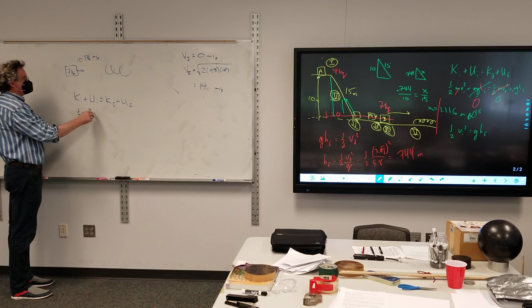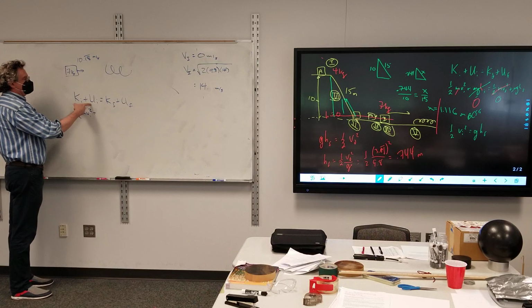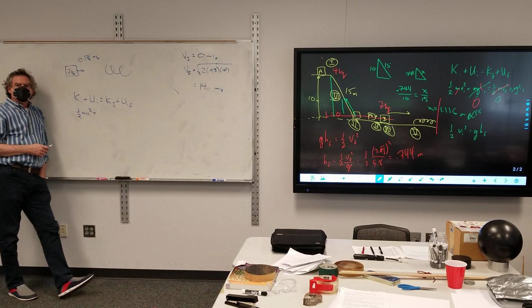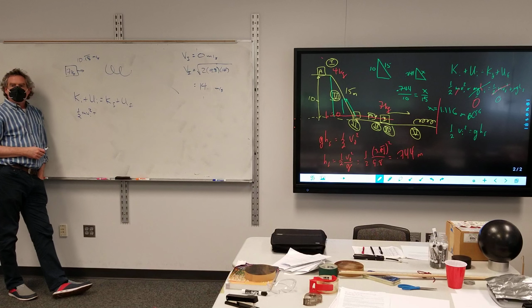1/2 mv initial squared plus, what is the formula for potential energy associated with the spring force? Negative k delta x? That's the force itself. Okay. What is the potential energy?